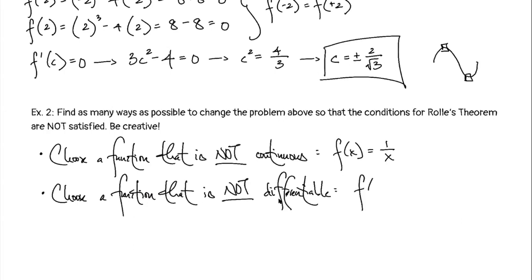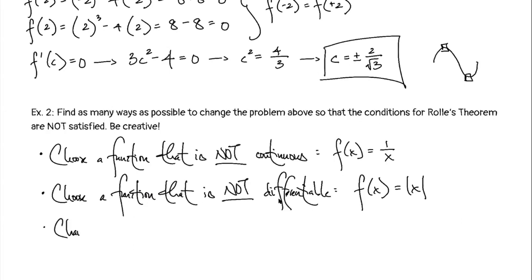In other words, a good example of this would be like the absolute value of x. Because if we're choosing that interval and we have a pointy value there, we're not going to be able to apply Rolle's theorem. All right, and Joey, you've got it with this last one.